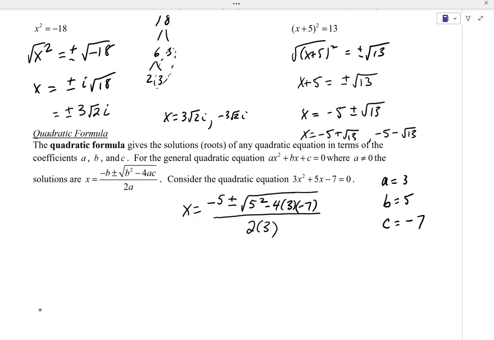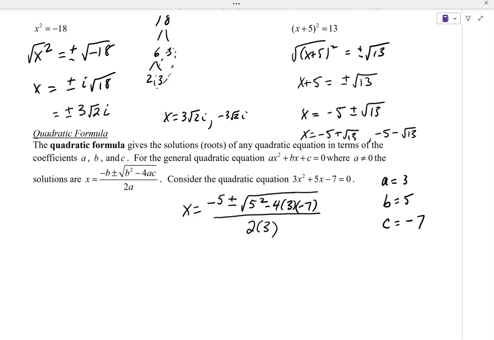The second thing, this fraction bar goes all the way across, okay? So this number is divided by this, and the square root piece is divided by that. One of the common errors that I'll see students do is only put the 2a under the square root part. It goes, the whole thing is over 2a. So be careful with that.